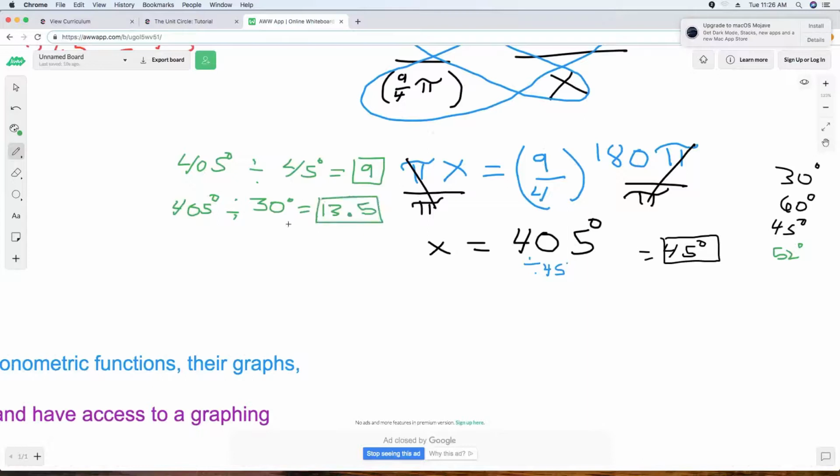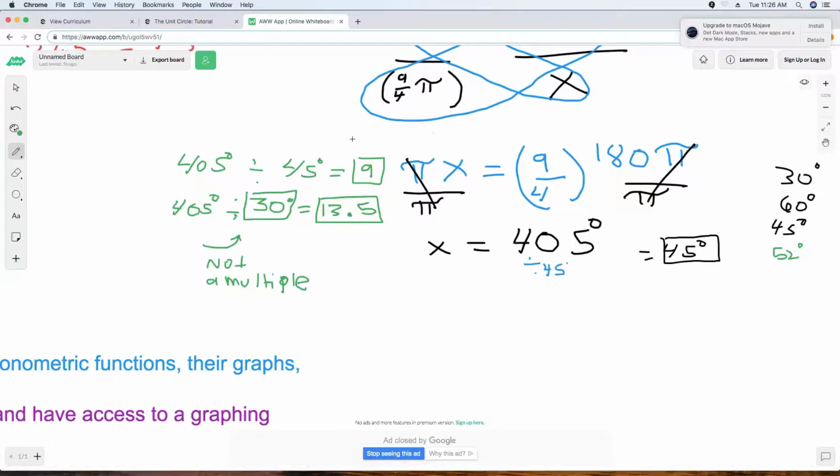What this means is that 405 is not a multiple of 30. You can't evenly divide it by 30, so the reference angle can't be 30. Now, if I divide 405 by 45, I get a whole number.